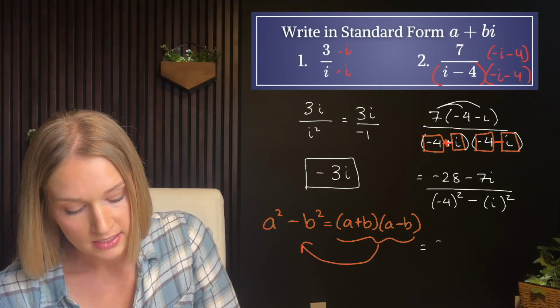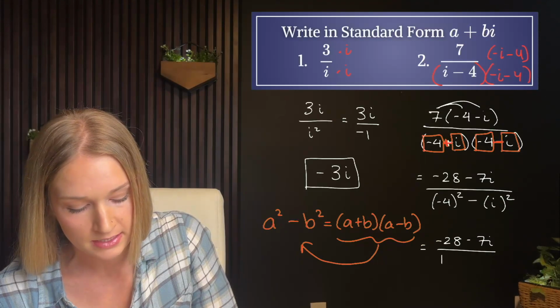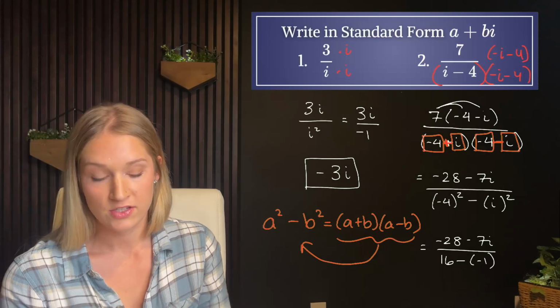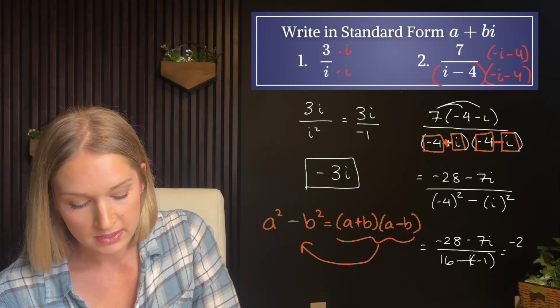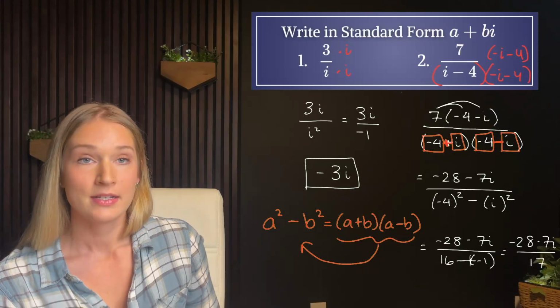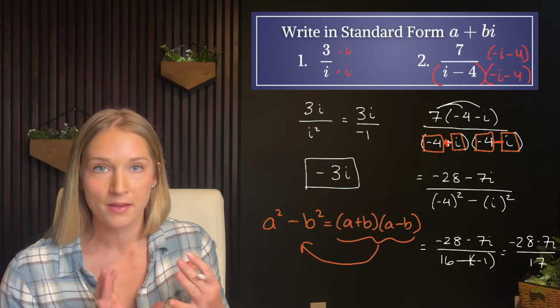From here, I keep my -28 minus 7i, and the denominator becomes 16 minus i squared, which is -1. I change that to 16 plus 1, and I add to get -28 minus 7i over 17. Now to write this fully in the form that we were asked to write it in, I'm going to split up my fraction.